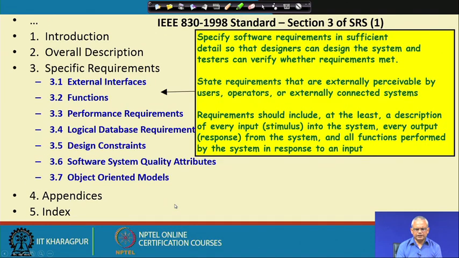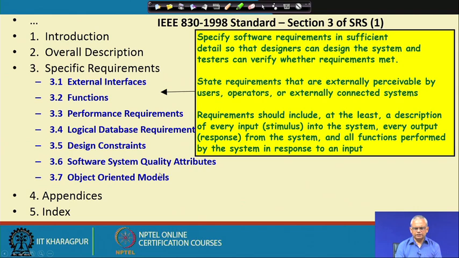And then let us look at the third section. This is possibly the most important section. Here we have the external interfaces and functions, that is the major section here. This contains the functionalities, the functional requirements, the non-functional requirements, logical database requirements, design constraints, quality attributes and any object oriented models.